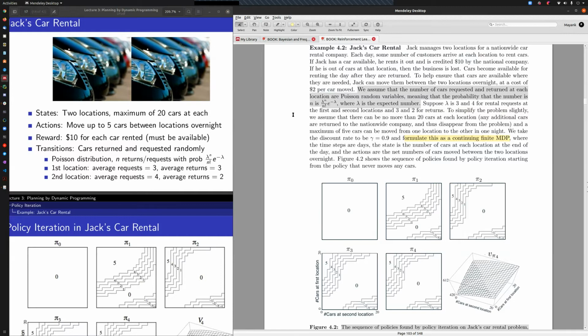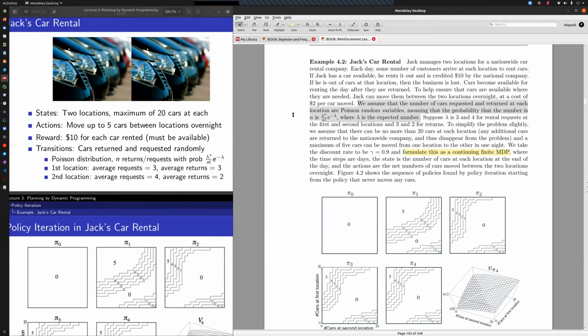But yeah, I agree with your viewpoint, but there will be some sort of transitions, because of the availability and the discount rate too.